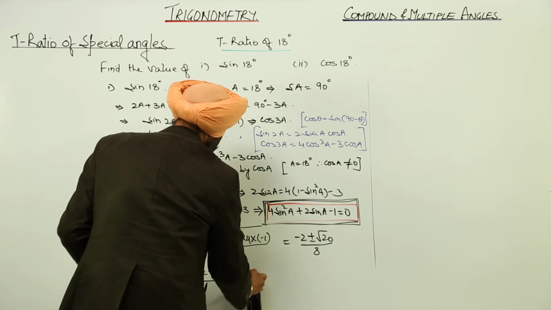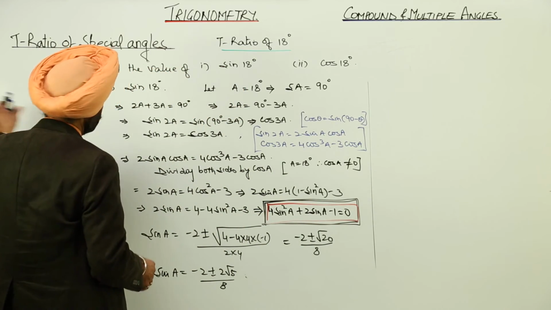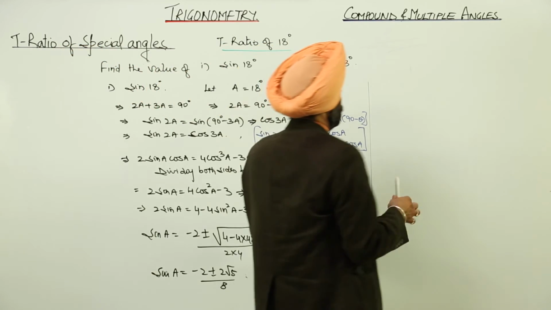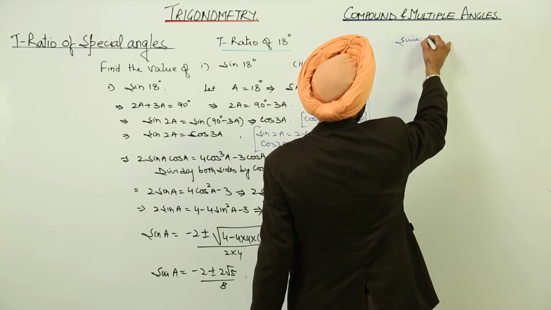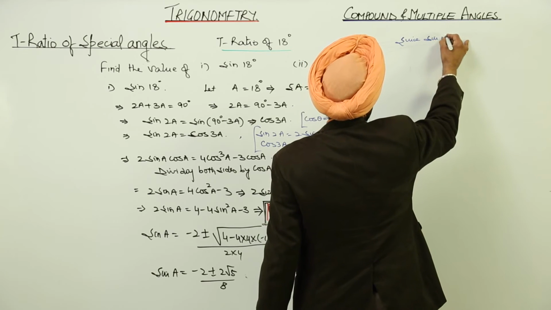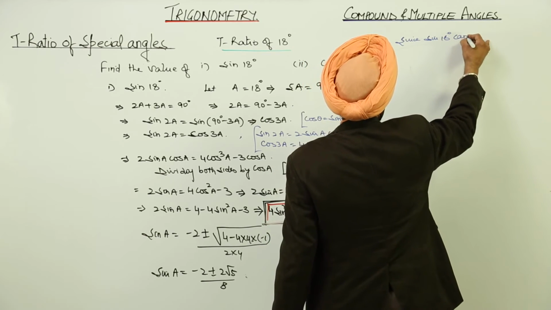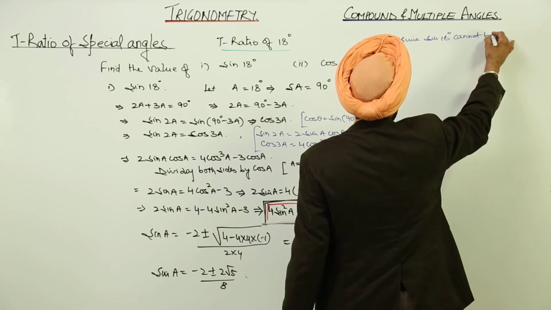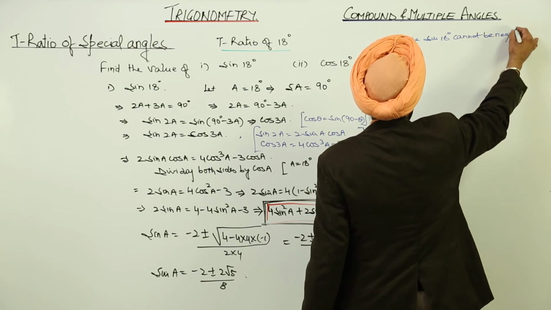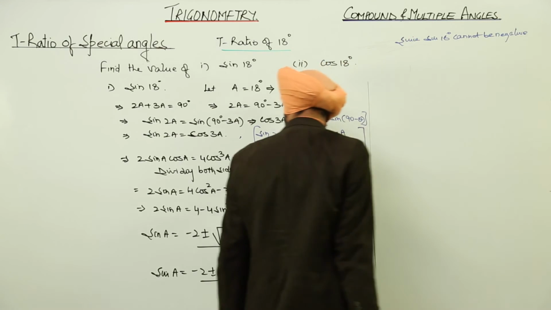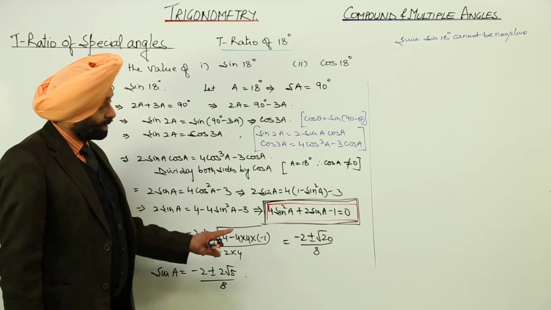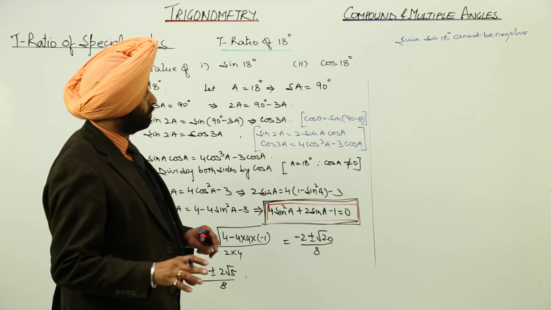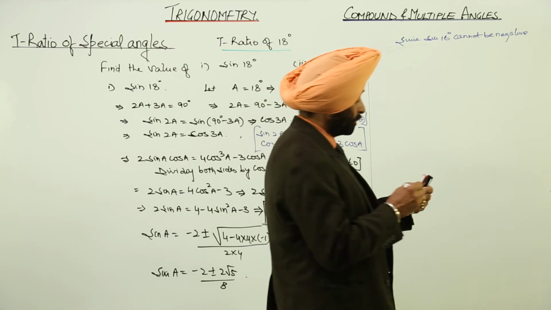Now one more thing. Since sin 18 degree cannot be negative, because here we are having two values, plus and minus, okay. We know that sin 18 degree is not negative because it is in the first quadrant.